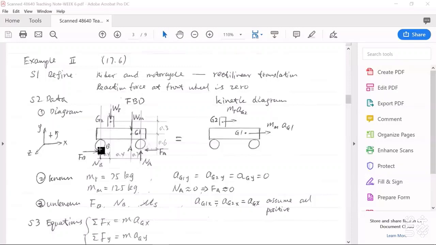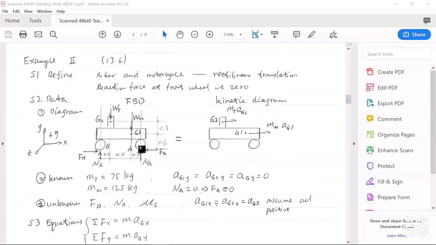At the contact point between the rear wheel and the ground, we have reaction force Nb, and we have friction force Fb. This is the driving wheel, so Fb is directed to the right side. This one here is the front wheel, this one is the driving wheel.